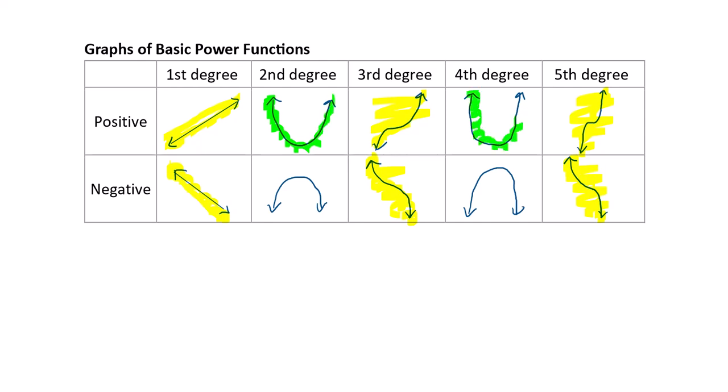Even and positive, start up and end up. For negative and even, it's start down and end down. So really, when we look at the degree and whether the leading coefficient is positive or negative, it's going to determine the end behavior on these.